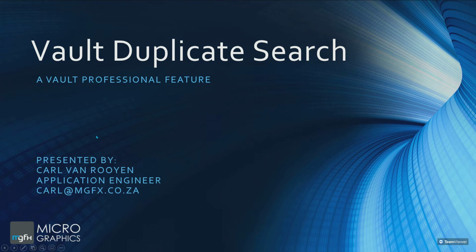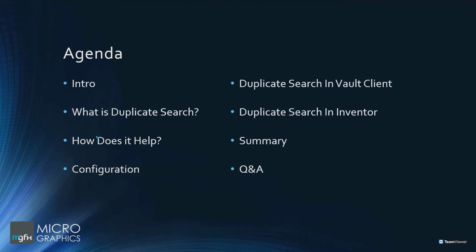So let's get started with our agenda. Today we are going to cover a quick intro, and then we will move into what is duplicate search. From that, we'll have a look at how duplicate search helps the end user, basically the designer, as well as your CAD administrator or design office manager.